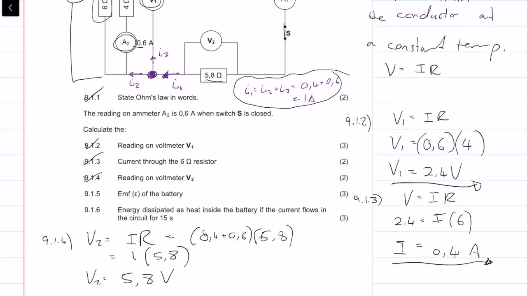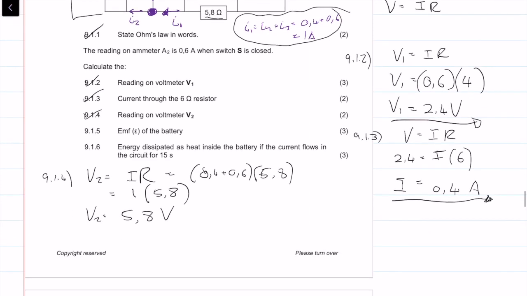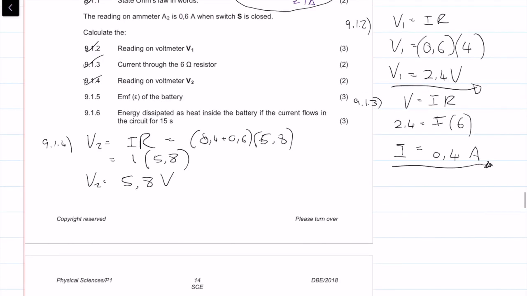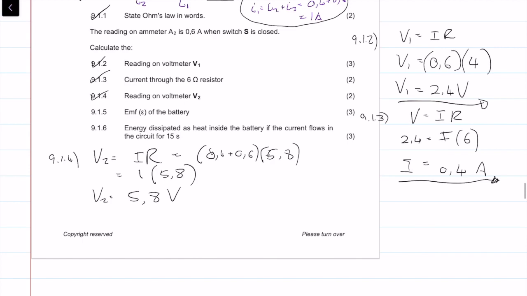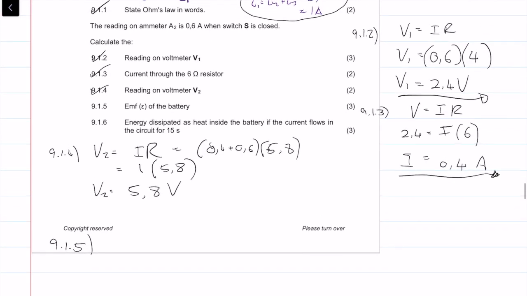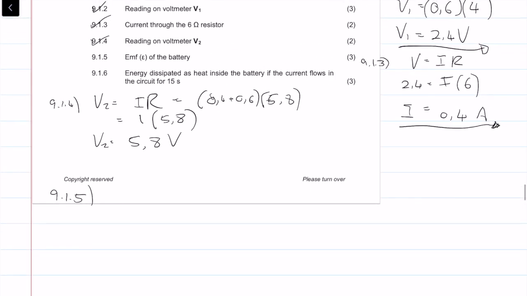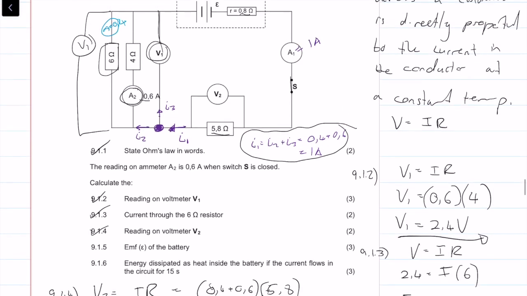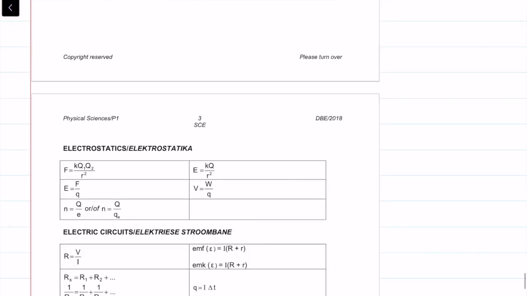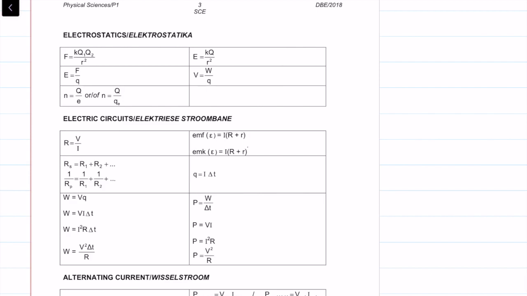Finally, we want to calculate the EMF of the cell. Question 9.1.5: if we go to our formula sheet, electric circuits, we can use this equation.